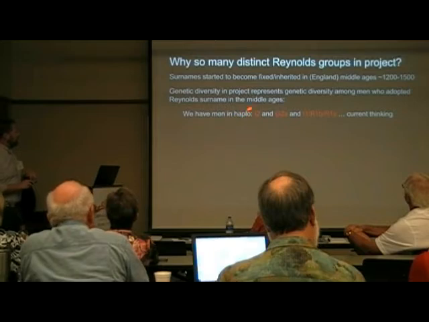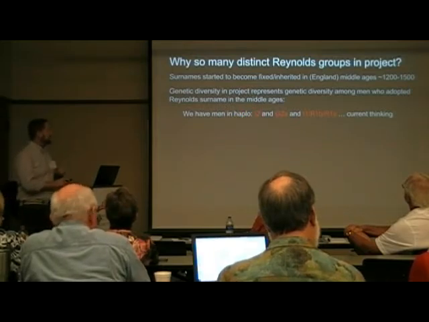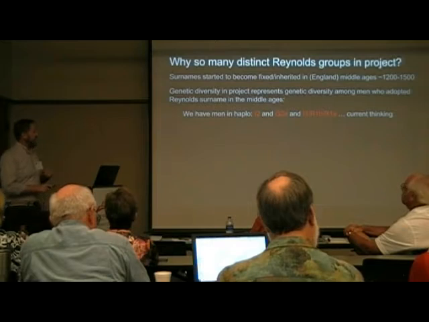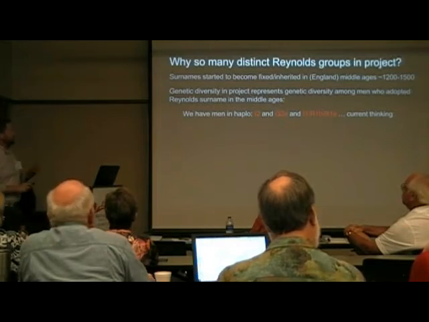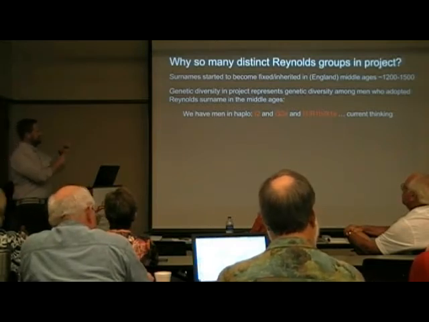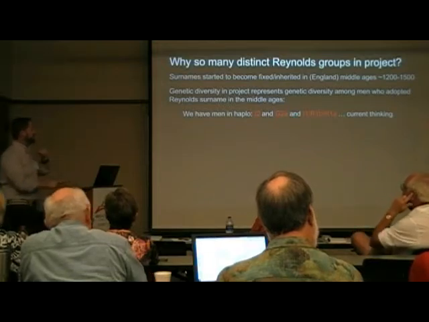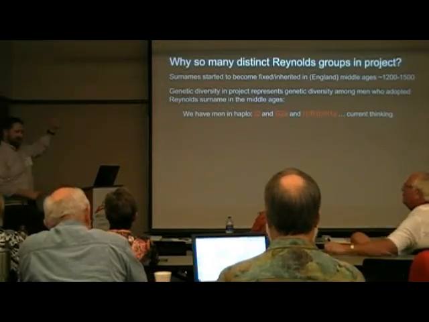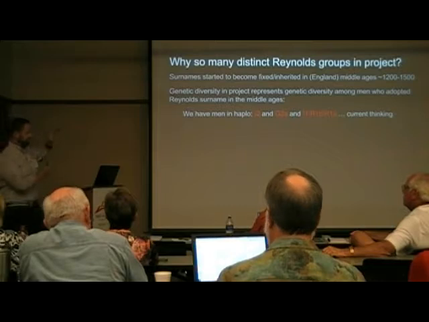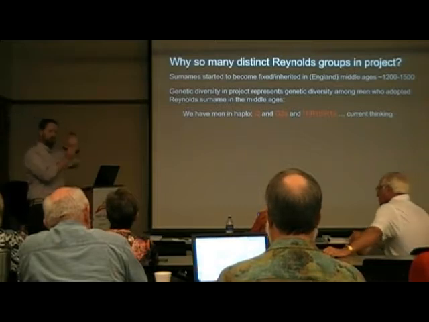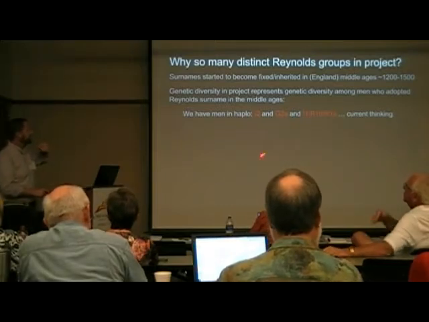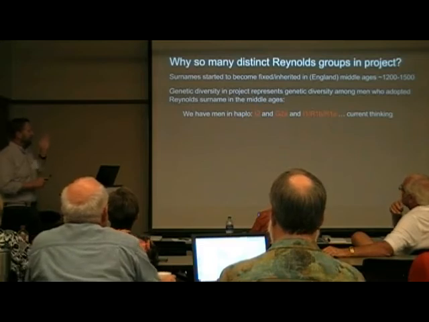So what we have within the project are some basic groups. These are called haplogroups, and they guide how the men are clustered in the project. For example, the folks in the top cluster that you saw on the previous screen, that batch of 12 or so Reynoldses, they belong to haplogroup I2.